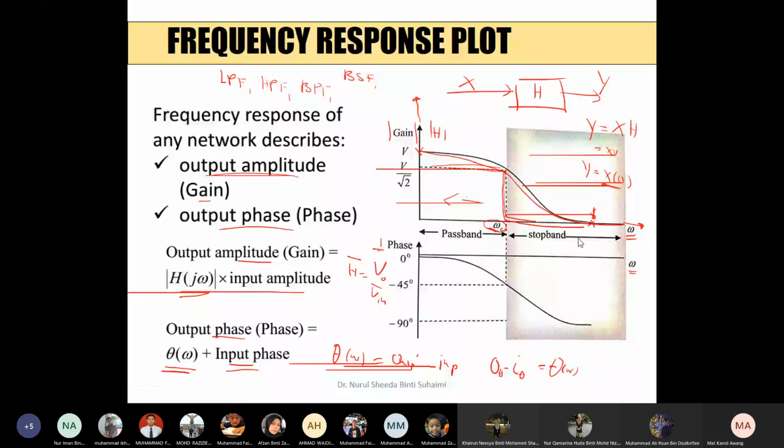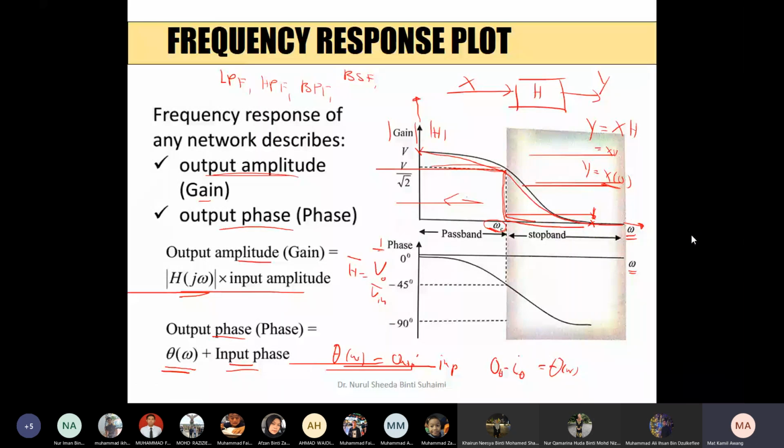If it's high pass, then it's the other way around. It stops the frequency below omega c and passes signal greater than omega c. Band pass passes only a certain range of frequency. Band stop stops a particular frequency but passes all others. So that we will learn in the next section.